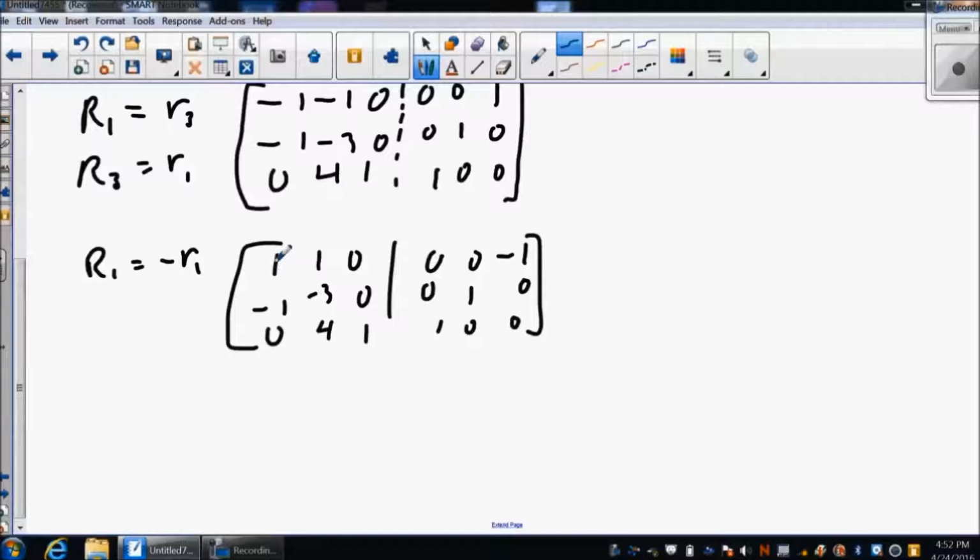Okay. And now I just add R1 to R2 and replace R2, and I'll get a 0 here and a 0 in this entire column underneath our original 1.